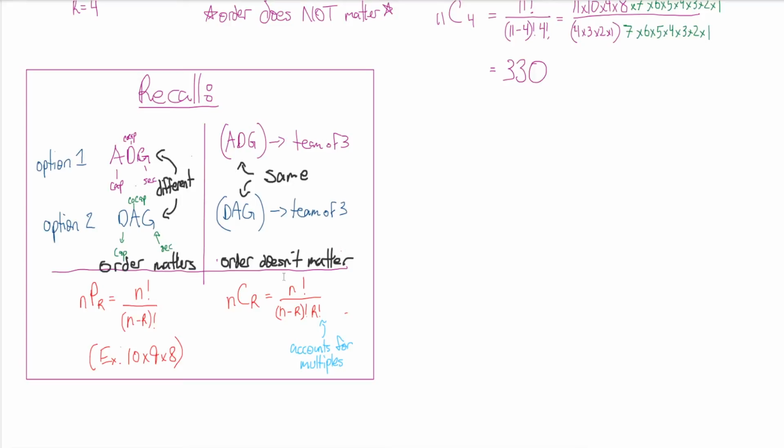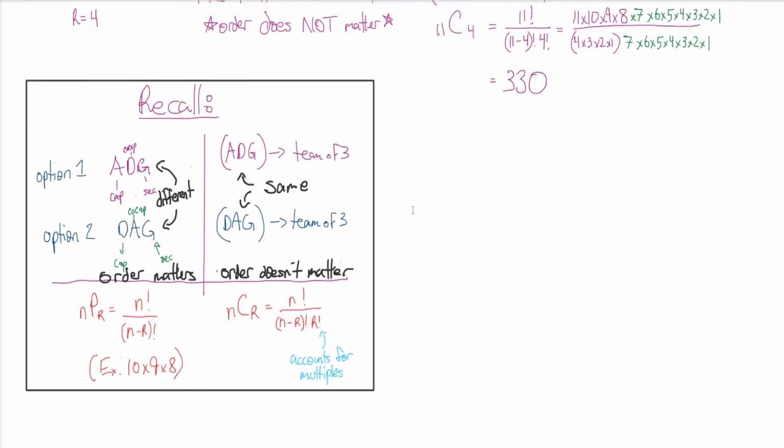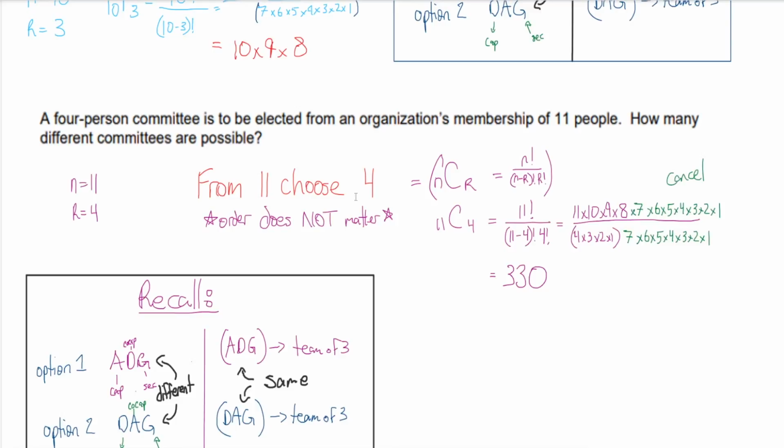Okay, so the reason we have that r factorial is to account for multiples, because otherwise this would be way too high. Okay? So, boom, 330, right? That wasn't so bad.